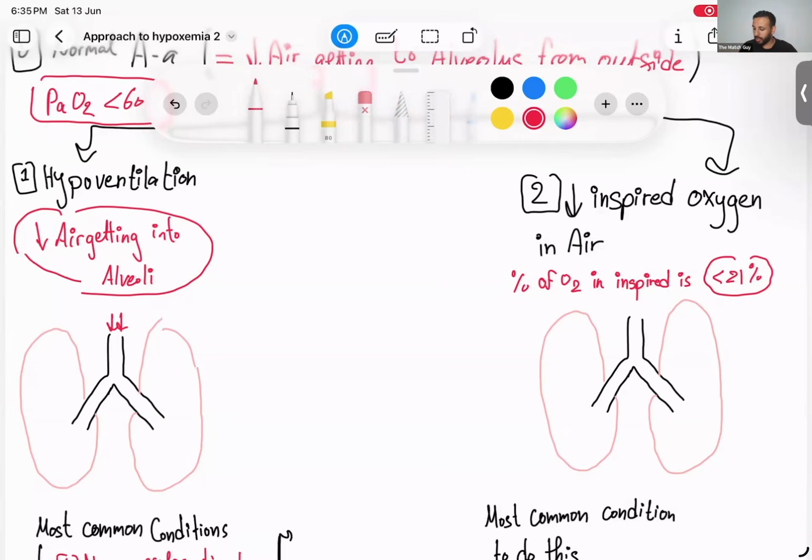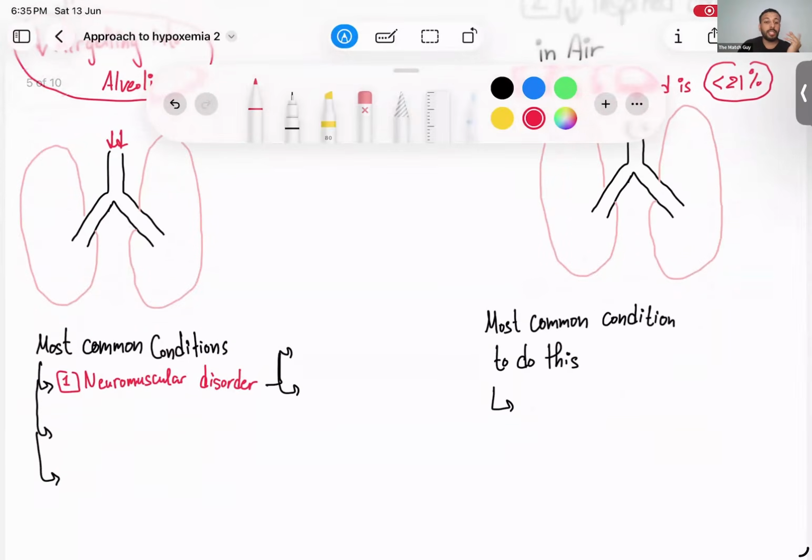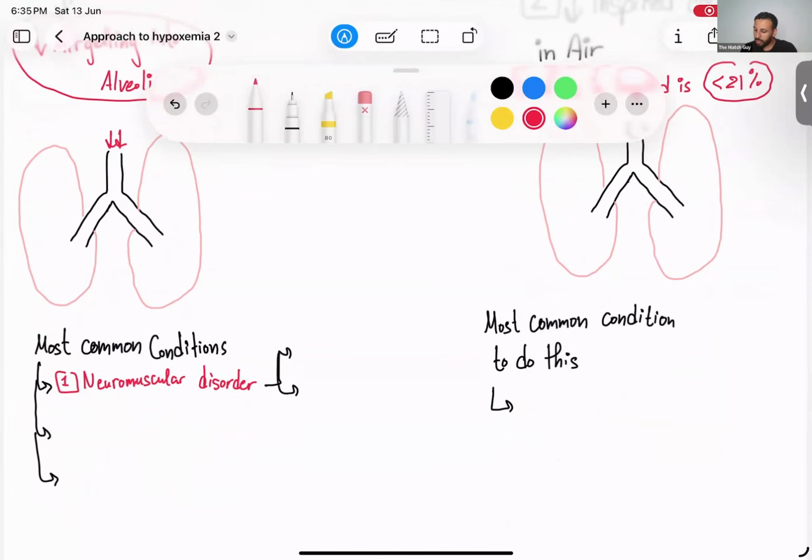So what are the most common causes of this? Can you tell me, guys? The first one is the neuromuscular disorder. Why may neuromuscular disorder lead to this? Since all of you said it, yes, it can also be due to an inhibited respiratory center.